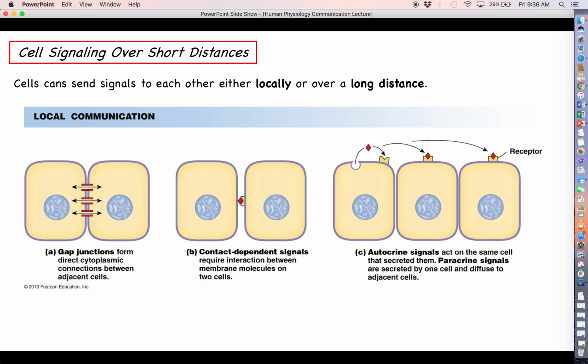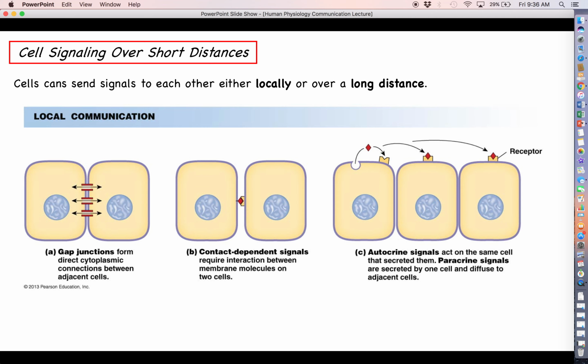Now, as I'm sure you're aware, messages come in all different types of forms. In the real world, messages can be sent either over short distance or over long distance. Examples of short distance communication might be talking to someone who is in the same room with you, or passing a note to someone in the same room.